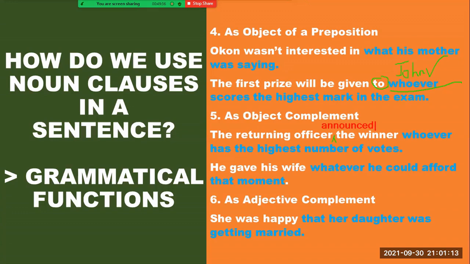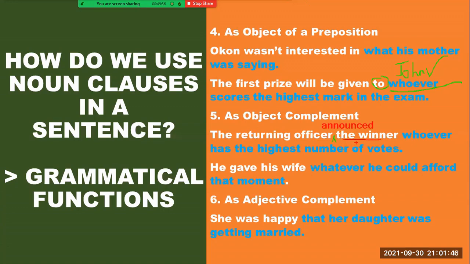All right. Now, you can see here the returning officer announced the winner. Now, the winner here is the object, because that is the receiver of the action of the announcement. All right, announced the winner. That's the object.